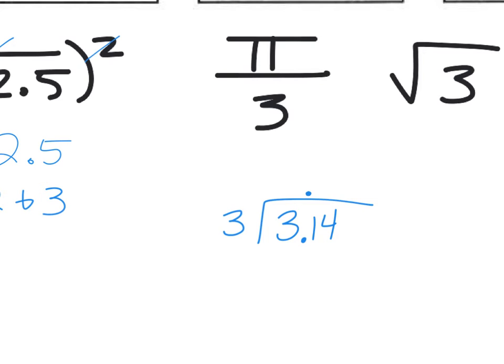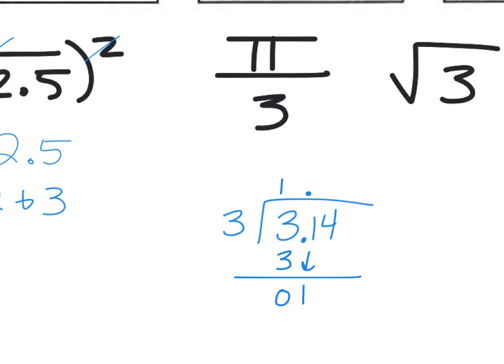And then we just do one number at a time. We go from the left to the right, and we see how many times does 3 go into 3? 1. So I put a 1 at the top, and you multiply. 3 times 1 is 3. So that's what I write. And we subtract, so I get 0, and then I bring down the next number, which is a 1.